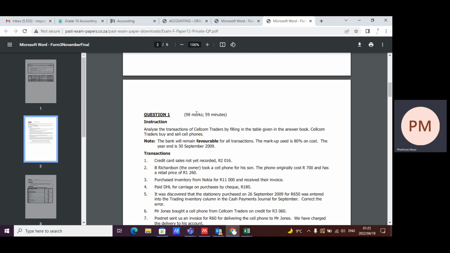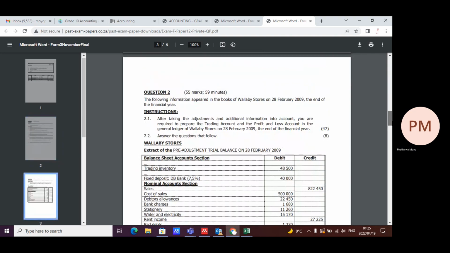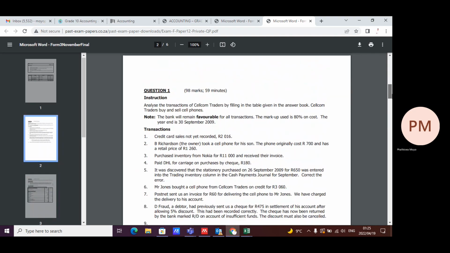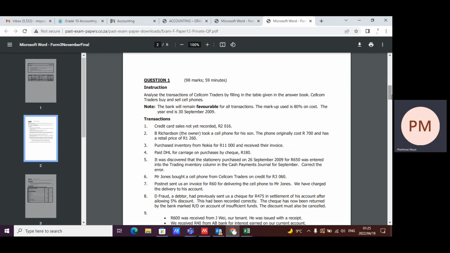So this is 98 marks, and it's 59 minutes. It is very important to remember that if you're writing out of 98 marks, you're not going to be writing for 98 minutes.